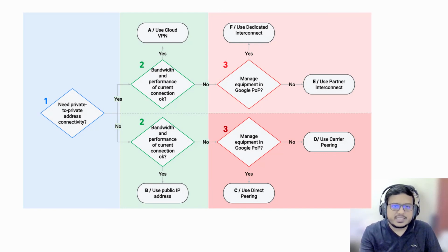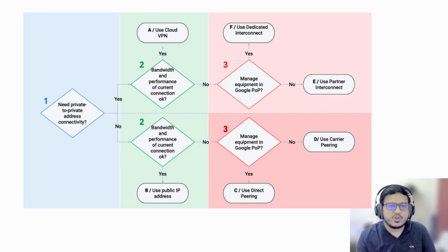Now let's discuss how we can make an on-premise infrastructure connect through the network to the GCP infrastructure. When that happens, there are three different ways you can do that.